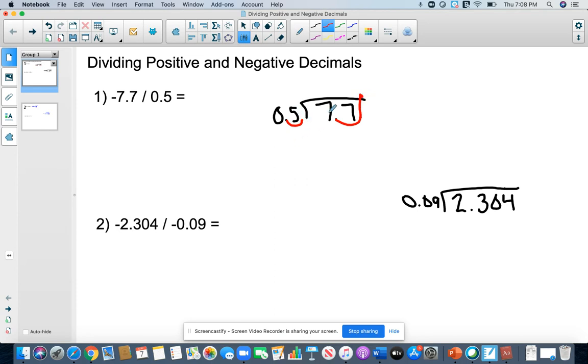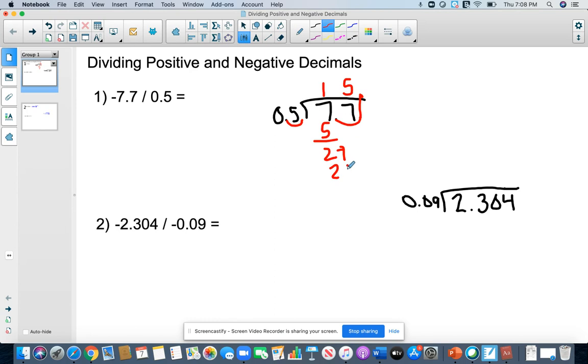So now we can take 77 divided by 5. 5 goes into 7 once, which is a 5. We subtract, we get a 2. And then you bring your 7 down, and 5 goes into 27 5 times, which is 25.